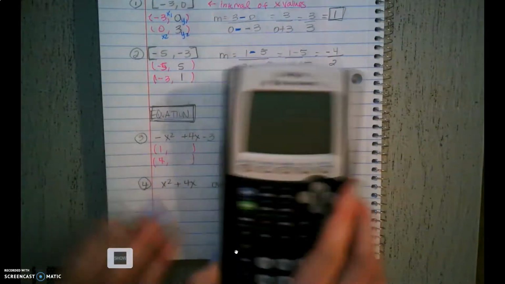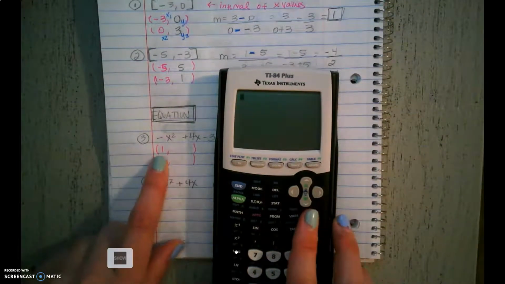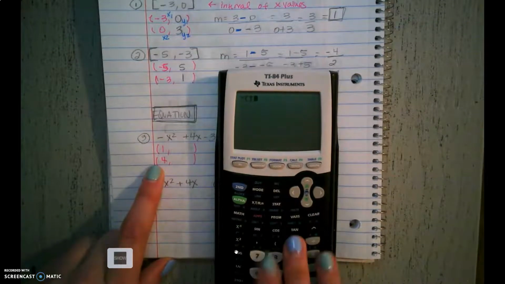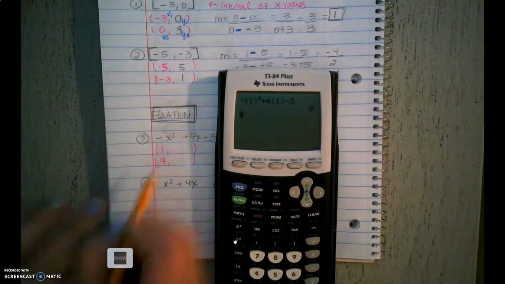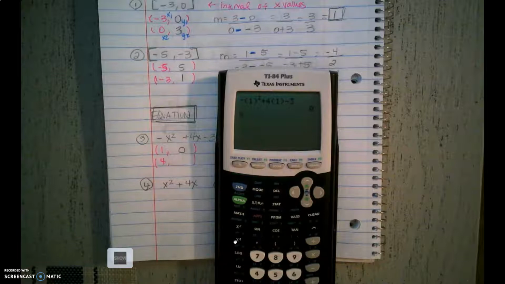There's a couple things that you can do. The first thing you can do is substitute in 1 and 4 for x. So we would say negative 1 squared plus 4 times 1 minus 3. I get 0. That's one option. You can substitute and get those y values.